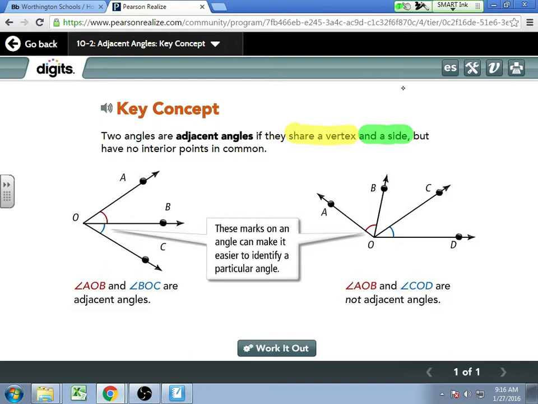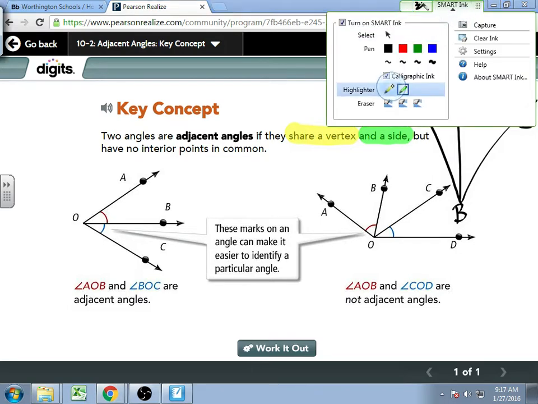This is kind of complicated. It's hard to just infer what they're saying. What they mean by having no interior points in common is, if I draw a big angle and then draw another angle inside of it, say angle ABC and then angle ABD, ABC and ABD are not adjacent.